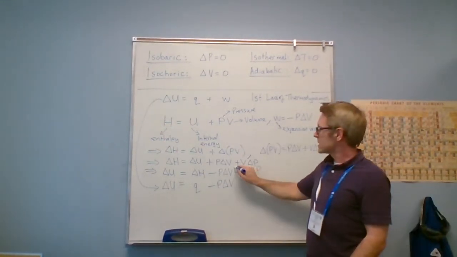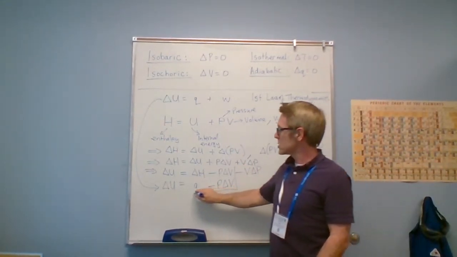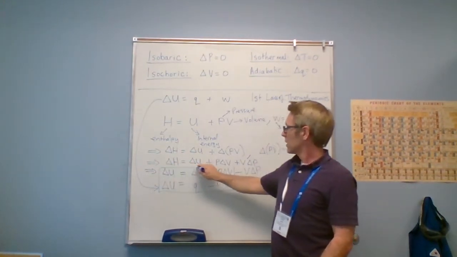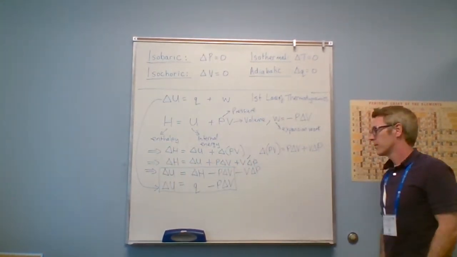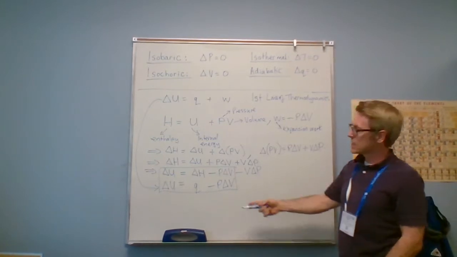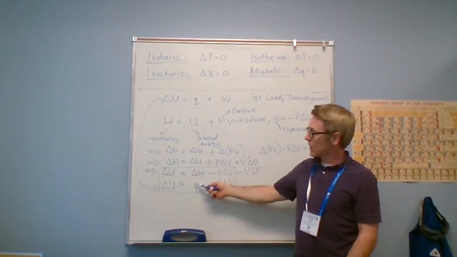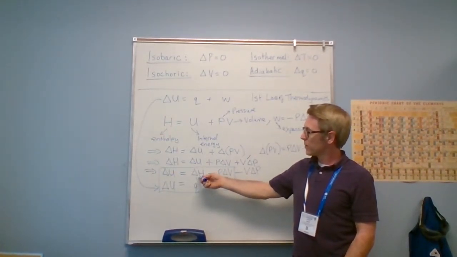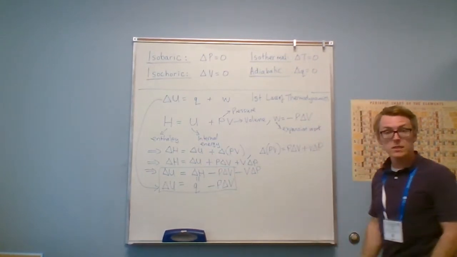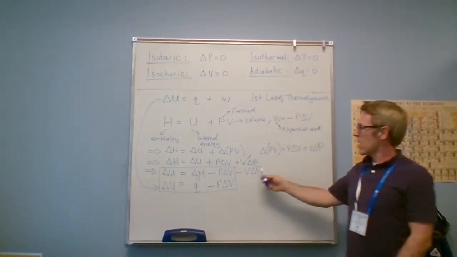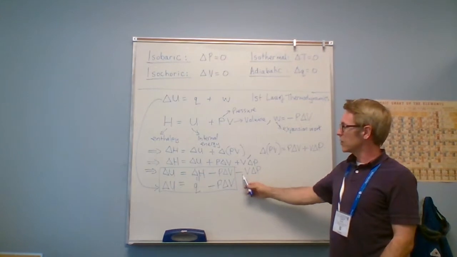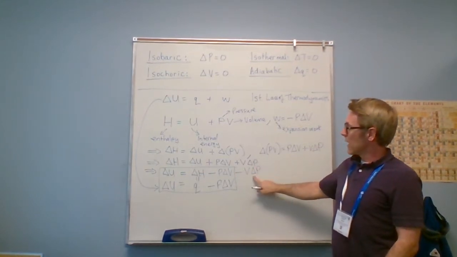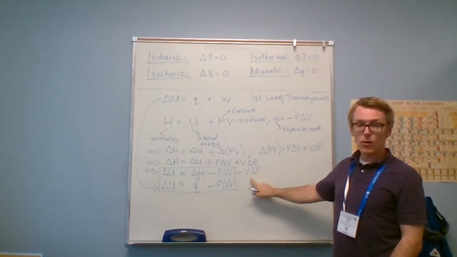So we notice that this part of the equation looks the same. It's suggesting that delta H and Q are equal, which is interesting. But I can't just ignore the V delta P unless I can make this equal to 0.